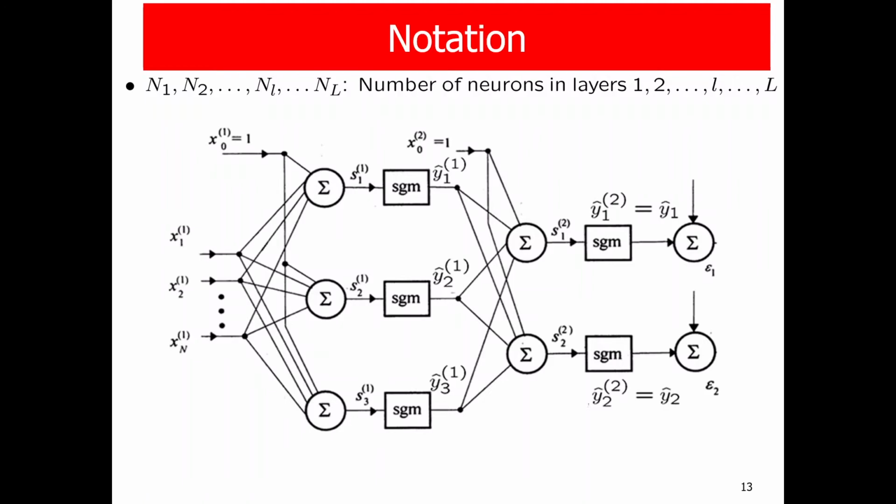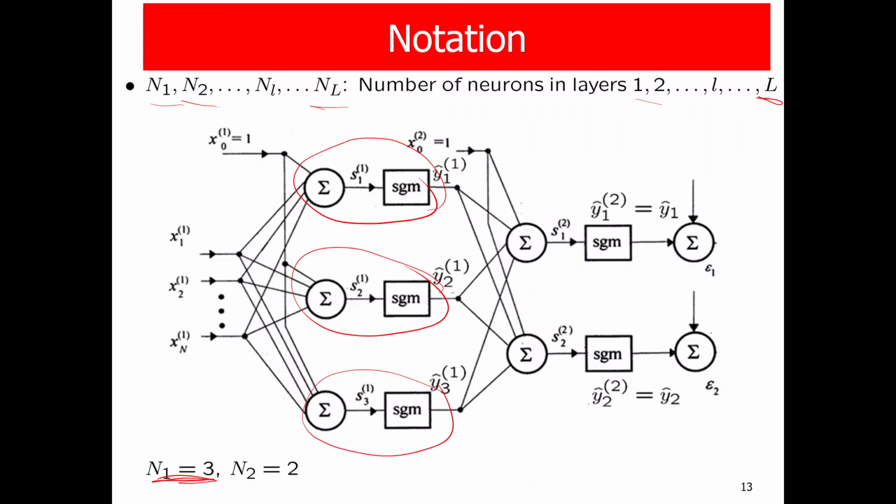We will use n_1, n_2, and so on, n_L to denote the number of neurons on layers 1, 2, and so on, L. In this example, we have 3 neurons on layer 1 and 2 neurons on layer 2.